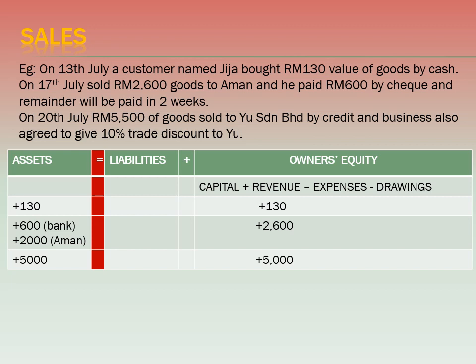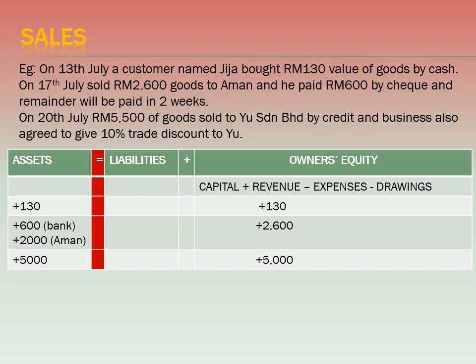Okay, next one, Arman. Arman has paid 600 ringgit, so you can separate the 600, recognize that the 600 is to be recorded in the bank, and the 2,000 ringgit will be recorded in Arman. Bank, of course, is an asset. Arman is a customer debt, so the customer debt is an asset to us. That's why we put 2,000 ringgit under the asset. The customer promised us to pay in the future.